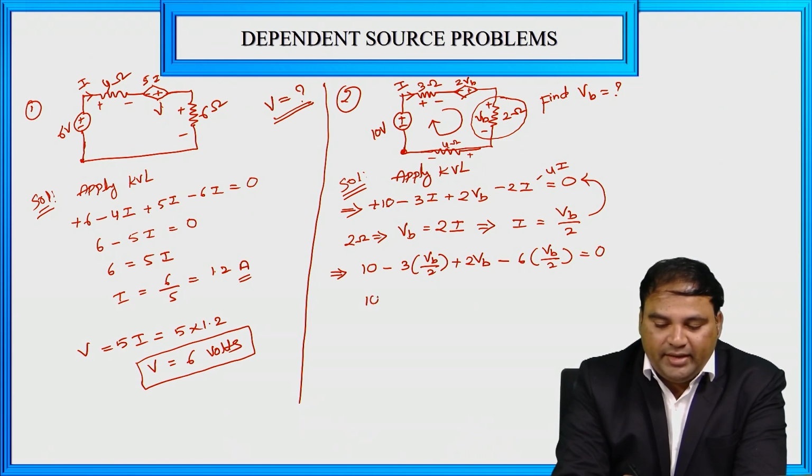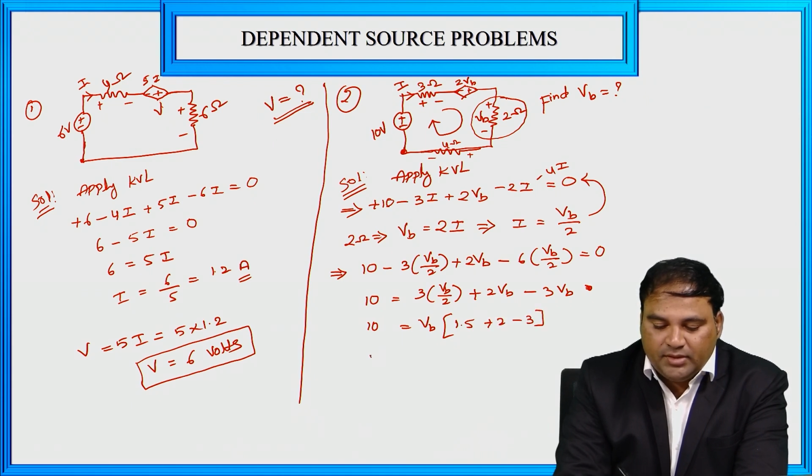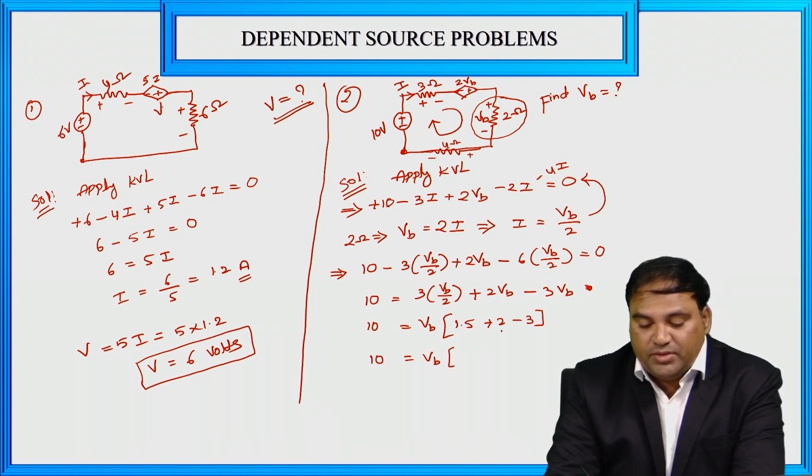Now 10 equal to 3 into VB by 2 plus 2VB minus 3VB. Let us take VB as a common term. So 3 by 2 means 1.5, plus 2 minus 3.